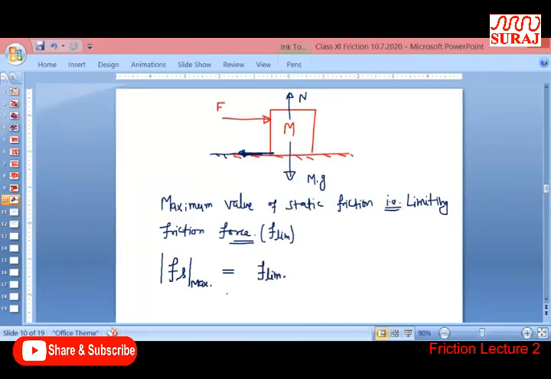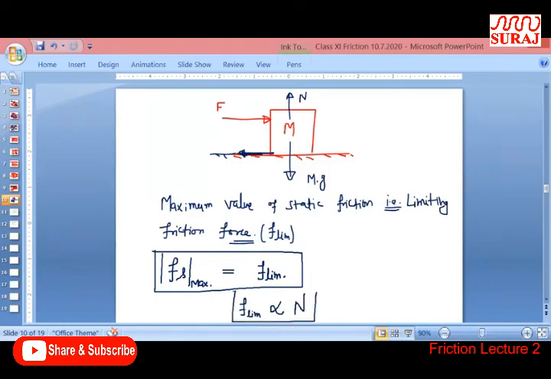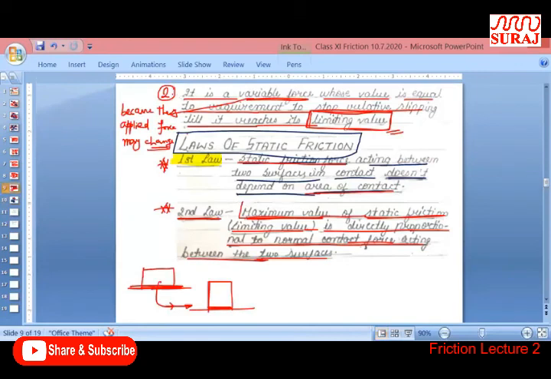And it is said to have F limiting being proportional to the normal forces between the surfaces in contact. You can see here the limiting value is directly proportional to the normal contact force acting between the two surfaces.